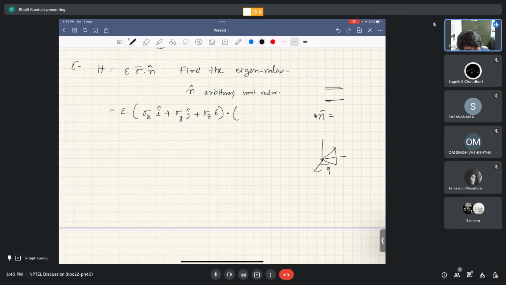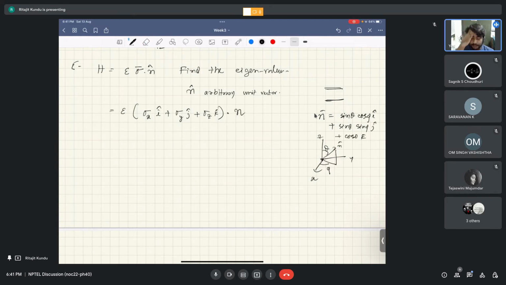This is my phi and this is my theta, and let's say this is my n cap direction, with x, y and z axes. So n cap will become sine theta cos phi i cap plus sine theta sine phi j cap plus cos theta k cap. Okay, so you can use that n cap.